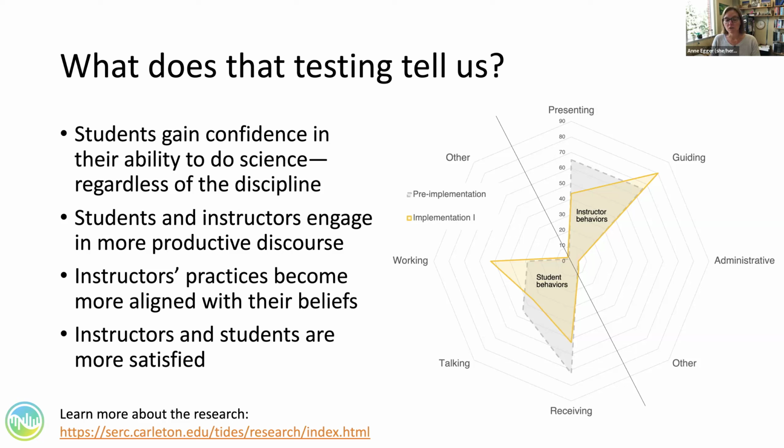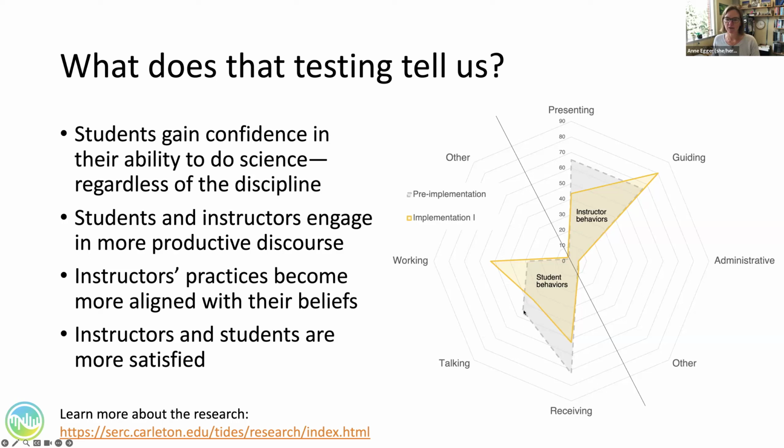When looking at the instructors themselves, we see that their practices in the classroom have become more aligned with their beliefs about what should be going on in the classroom, and that both instructors and students are more satisfied. They enjoy the classroom and the teaching more. So you can find out more about that on our website as well. But I wanted to just show one tiny little snapshot of how we see that change.